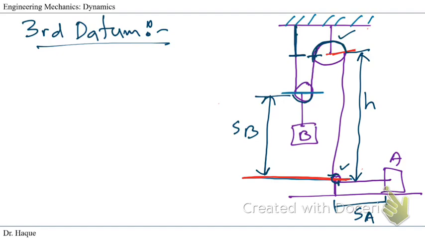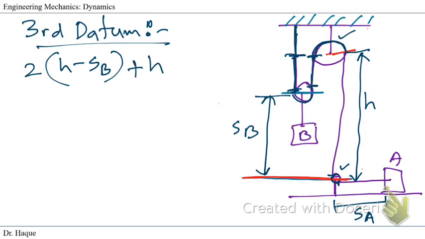So the length from here to here will be H minus SB, and there are two of those, plus H, which is this length of the rope, plus this part of the rope from here to here, which is SA. Again, this is the total length of the rope.